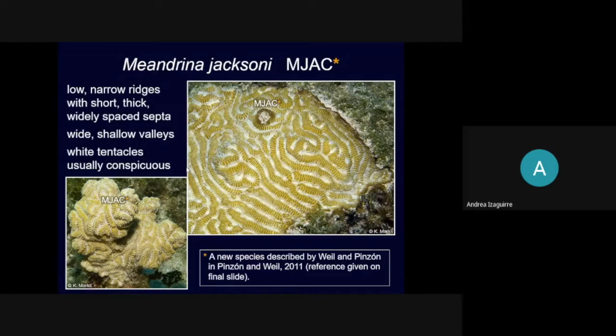So it's still going to have that distinct septa that just kind of looks like a roll of coins, but with this one, it's going to have a distinct valley, like you can actually see the valley, and the valley in this one is always going to be white.